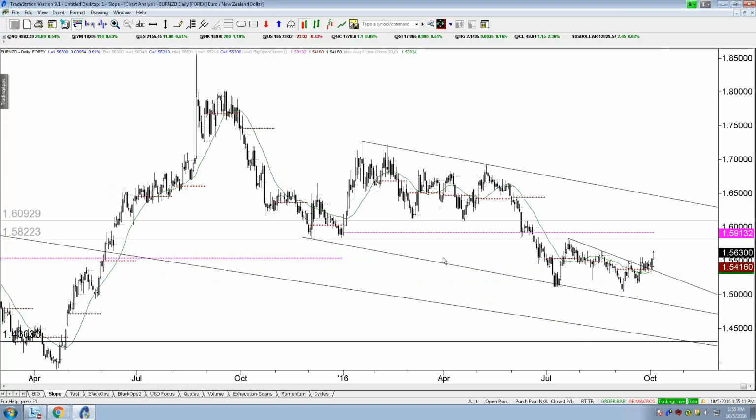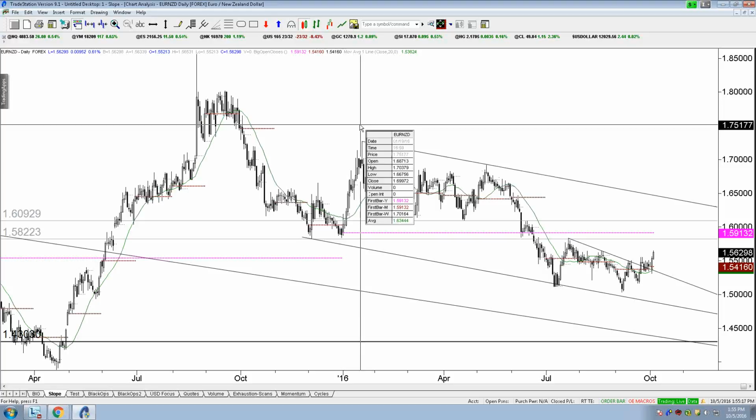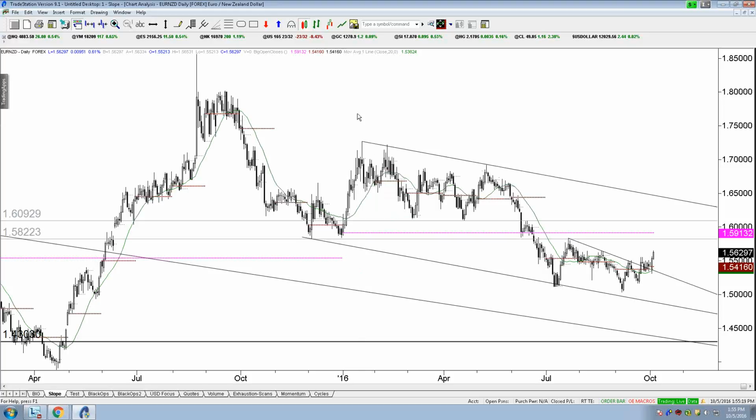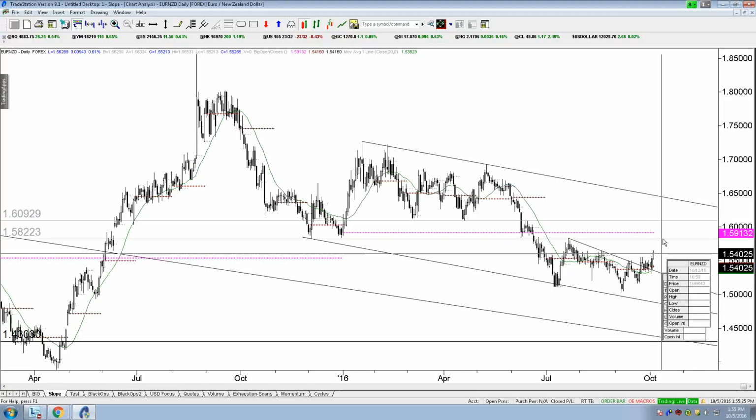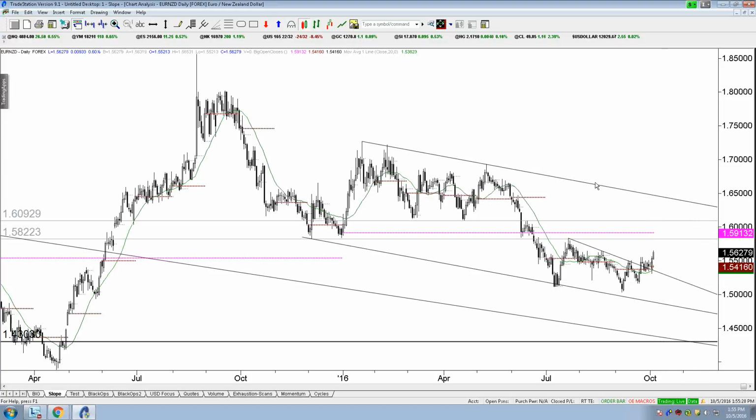Euro Kiwi is essentially trading in a channel, okay? If you just draw the trend line here back to January, this is the channel of the year. 2016 channel extends off the lows, okay? Look higher, probably towards 164 or so. You can even see here that we're testing it now if you go off this.